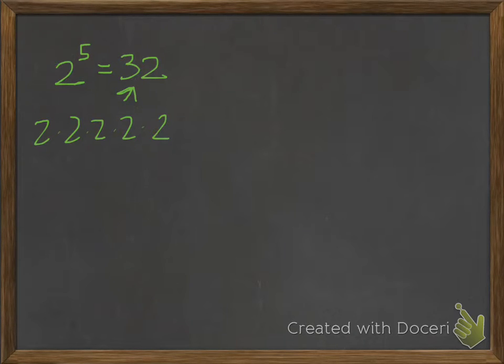What we want to do next is take this exponential expression and write it as a logarithm. Well, we're going to write log, and then the base of the logarithm is the base of the exponential expression. So the base of this expression is 2.